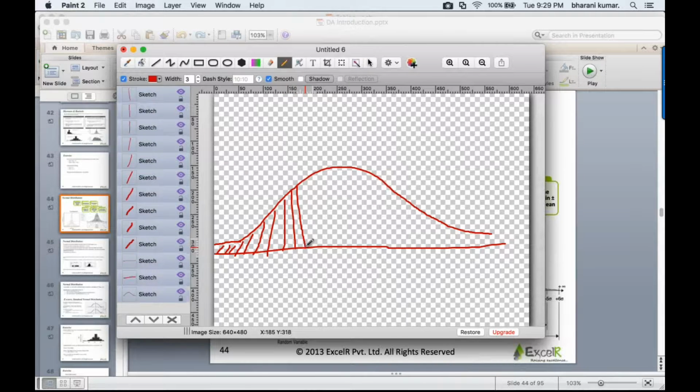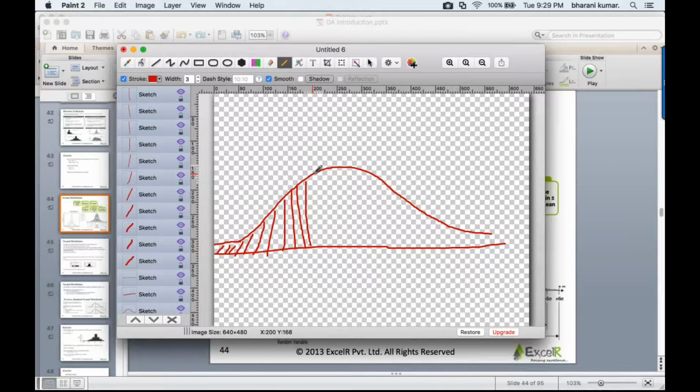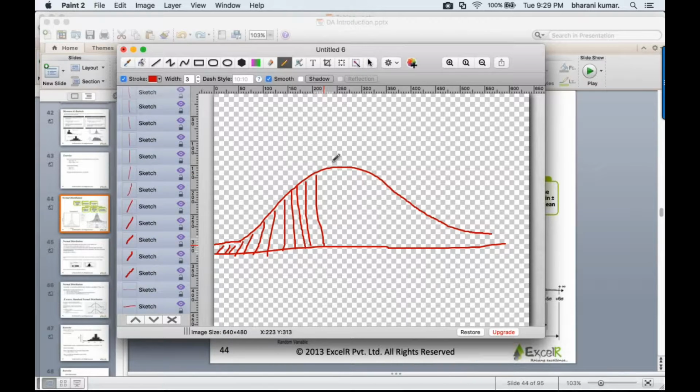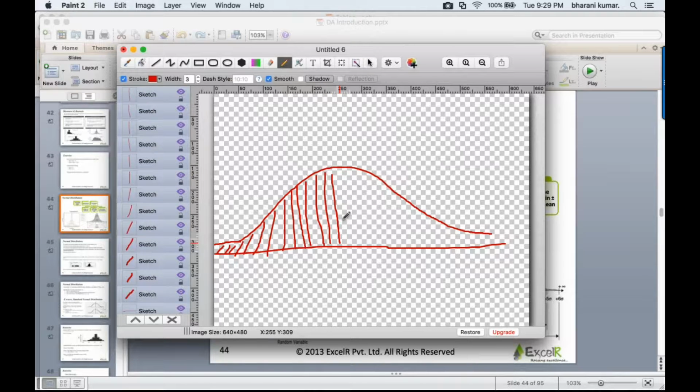Most men are of that weight. 60 kgs is also normal. 70 kgs, 80 and 90, this is the range where you find majority of the people who have those weights. And then if you keep increasing, 100, 110, 120, most women fall into that category. 120, 130, 140, 150 kgs, 160.